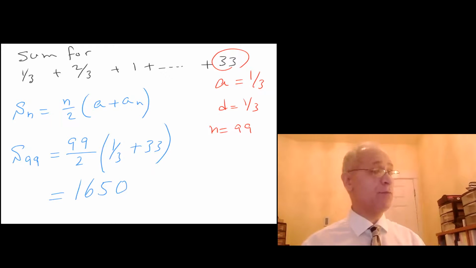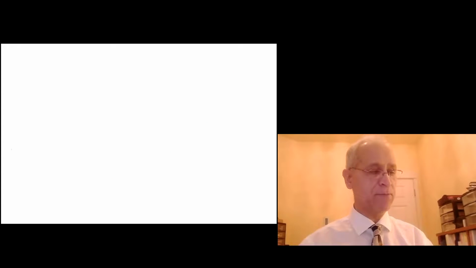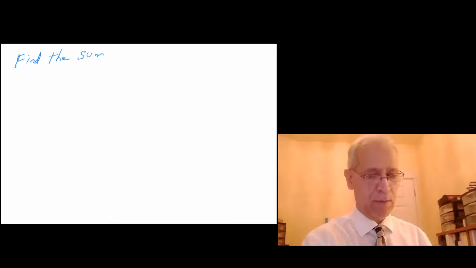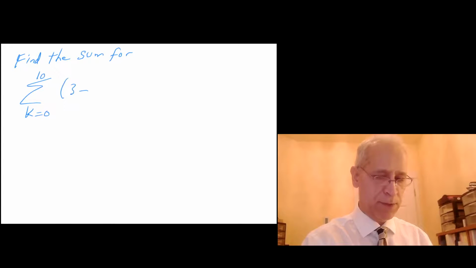We have time, let's do a couple more. Suppose this time we want to find the sum from k equals 0 to 10 of 3 plus 0.25k.